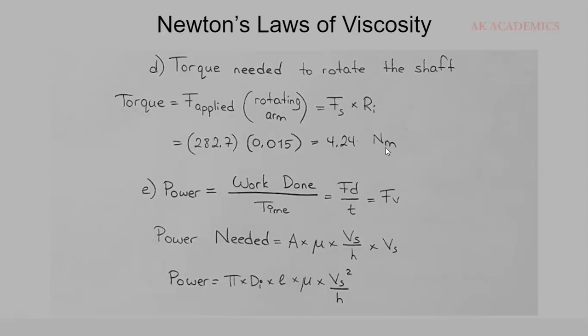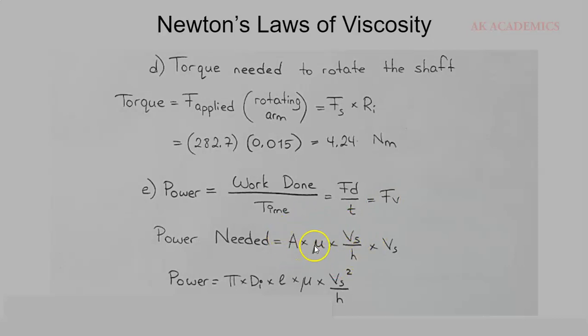Now, the power needed will therefore be equal to area multiplied by viscosity multiplied by Vs over H multiplied by this Vs. Now, this Vs you see here is this V that you can see right here. So this F that you see here is what all of these represent.